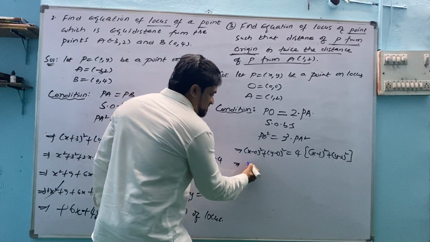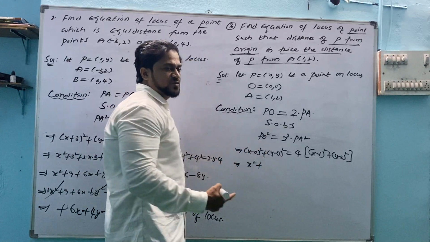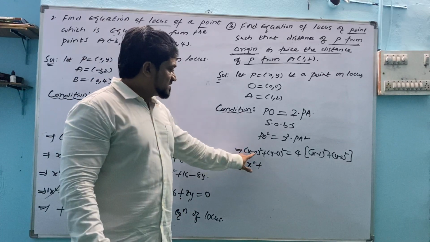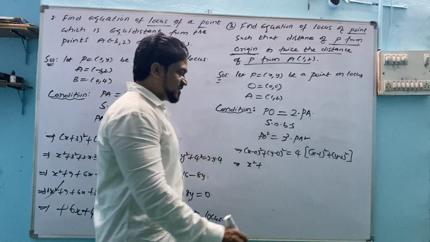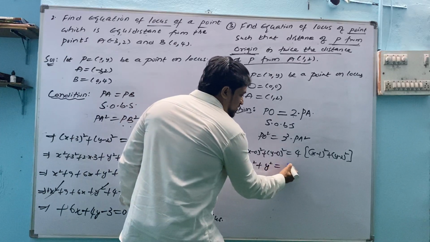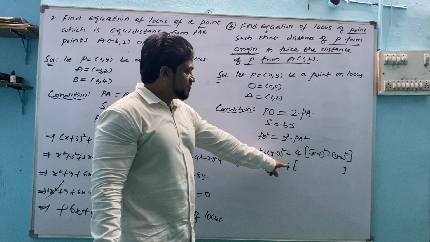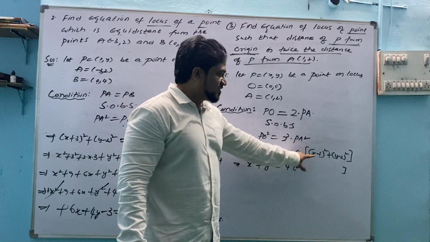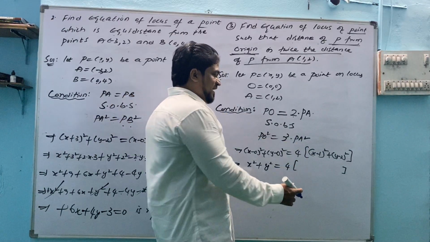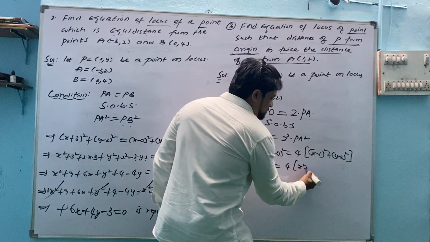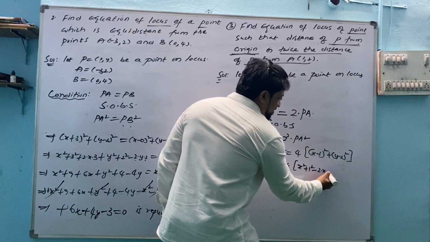Now simplification. X minus 0 is x, whole square. Don't expand this one, no need. Y minus 0 is y, whole square. 4 is outside, so the bracket is compulsory. 2 square is 4, and 4 is a multiple of the whole thing, so we keep the bracket and expand. A square plus b square minus 2ab.